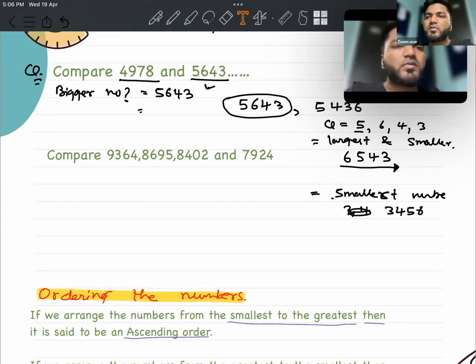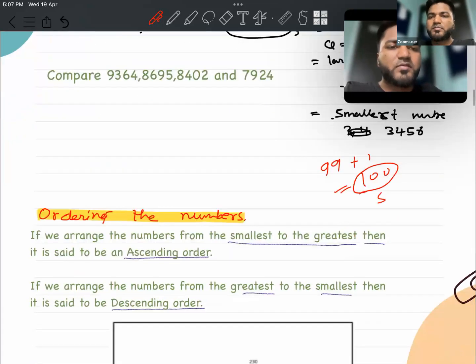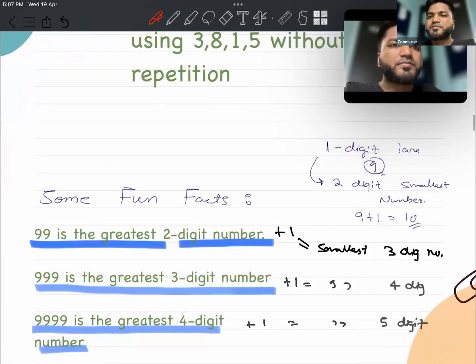Plus 1. Exactly, 99 plus 1 will give you 100, the smallest three-digit number. Very good.